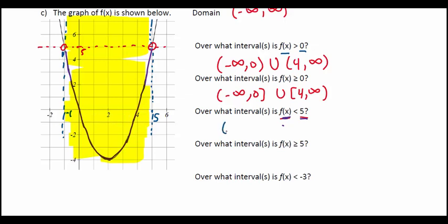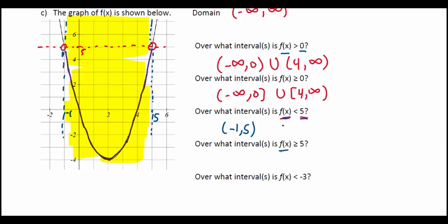So when we write the interval -1 comma 5, although this looks like a point, we're actually describing this whole region in space, which I've highlighted in yellow, that is trapped between the x value of -1 here and the x value 5. And I put parentheses around the -1 and 5 because these were open circles. Those are the two x values for which the y value of the graph is 5, and we're trying to find where it's strictly smaller than 5.